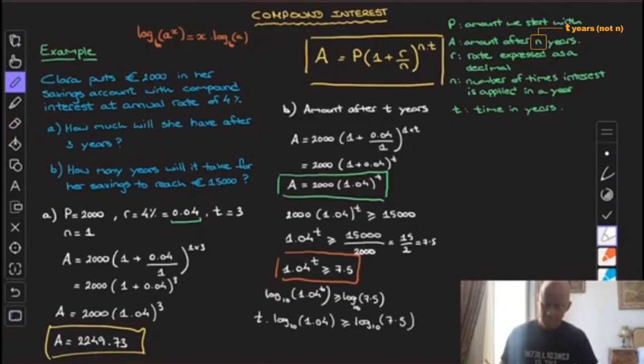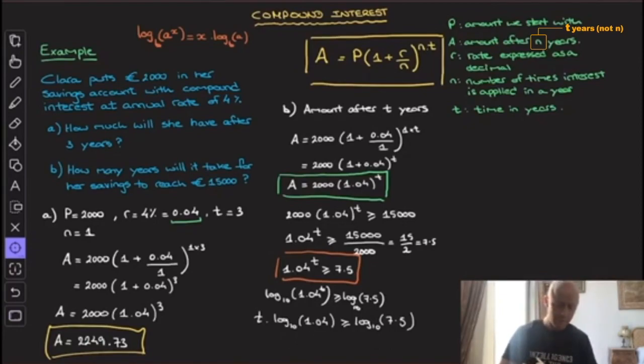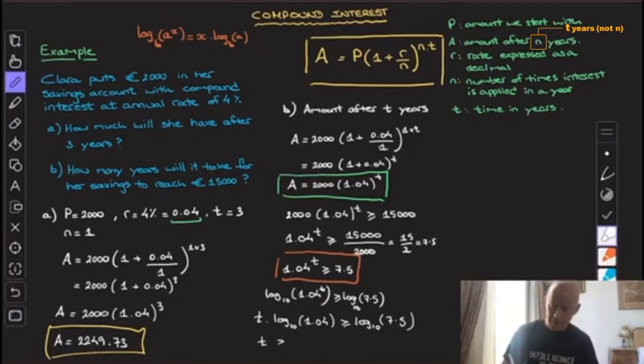Now, all I have to do is divide both sides of this inequality by log base 10 of 1.04, and that tells me that t has to be greater than or equal to log base 10 of 7.5 over log base 10 of 1.04.